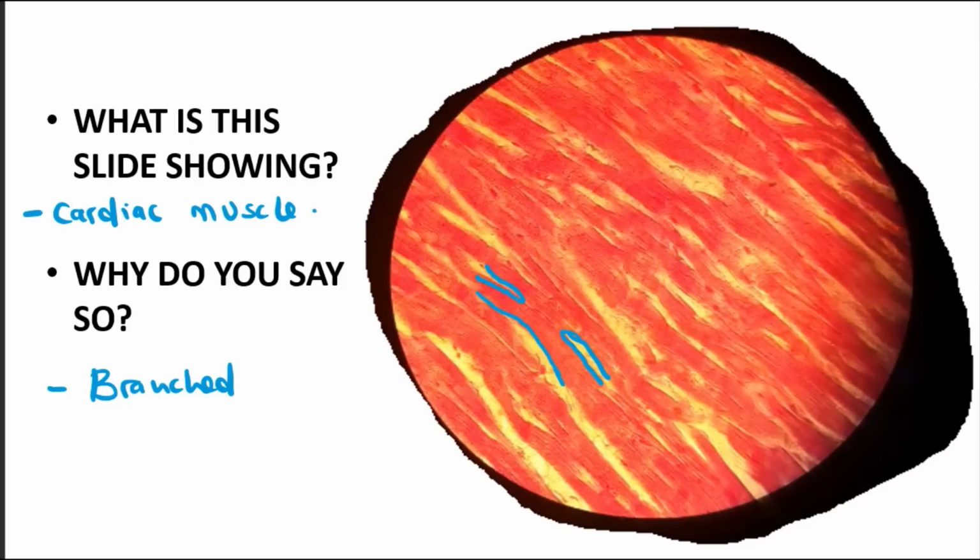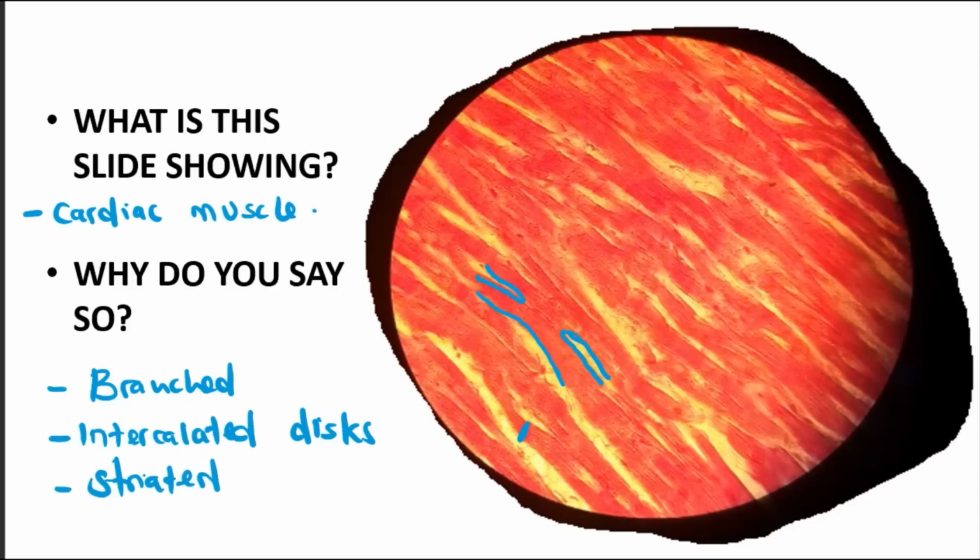Number two, it has these parts here that are connecting the two cells. So it has intercalated discs. Number three, it is striated. Number four, it is mononucleated. Each cell has one nucleus.